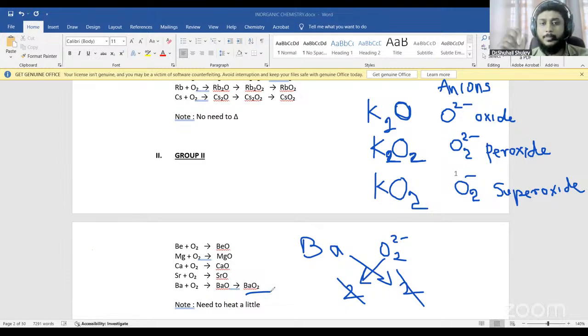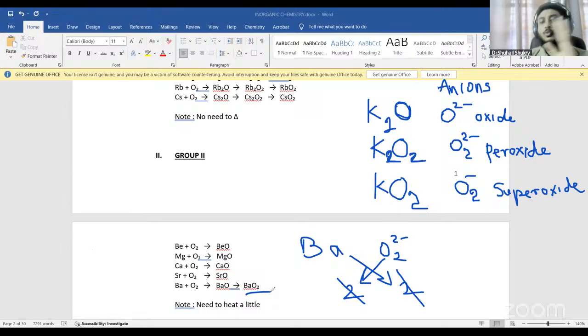So in group 2, only barium can go up to peroxide level. No one can go to superoxide. In the entire periodic table, only potassium, rubidium, cesium can go to superoxide level.